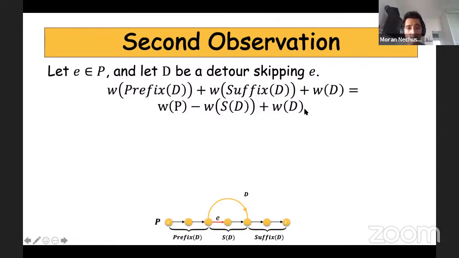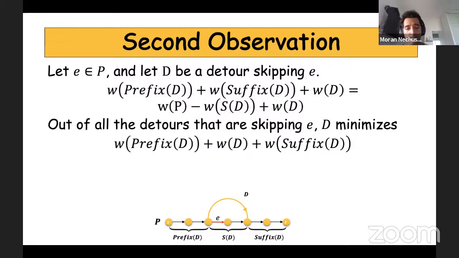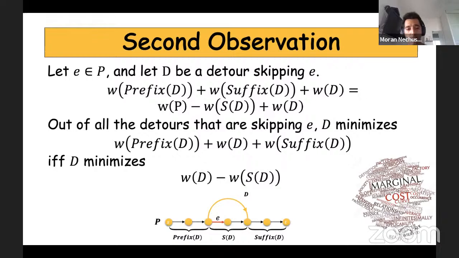So this is the second equation. And now the weight of the path P is fixed because P is fixed in our problem. So basically, if you want to find a detour that minimizes the weight of the replacement path, it's equivalent to finding a detour that minimizes the weight of D minus the weight of the skipped part S of D.